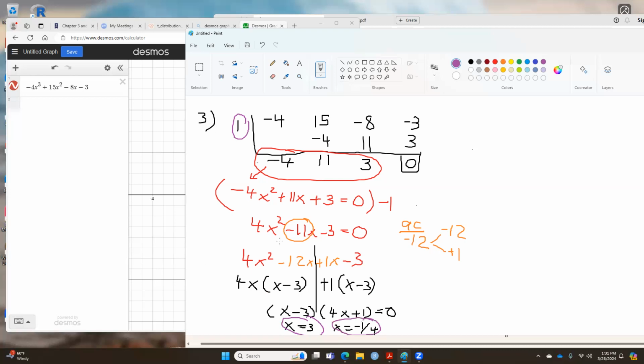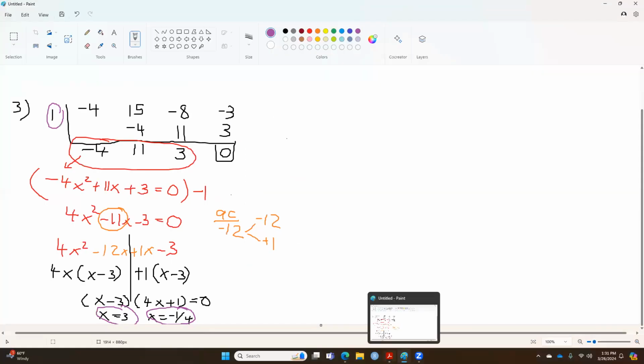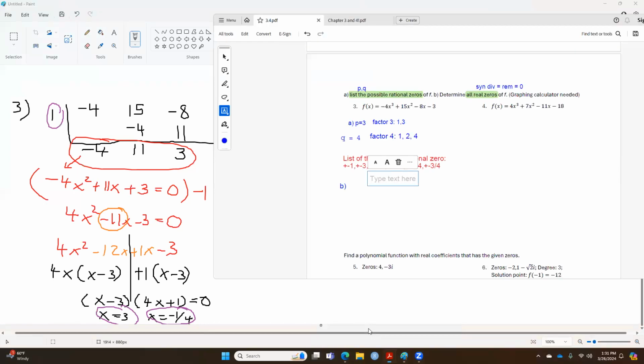Okay, so these are your zeros for question 3. You guys all right? So your real zeros, all real zeros, are 1, 3, and negative 1/4.